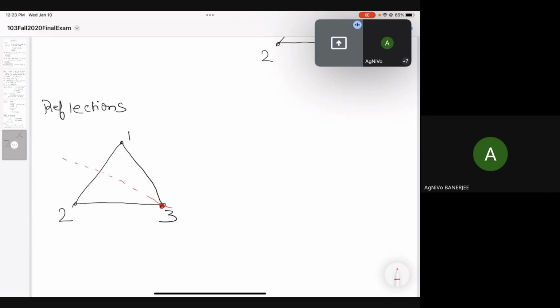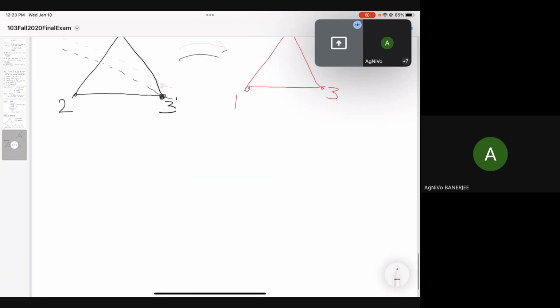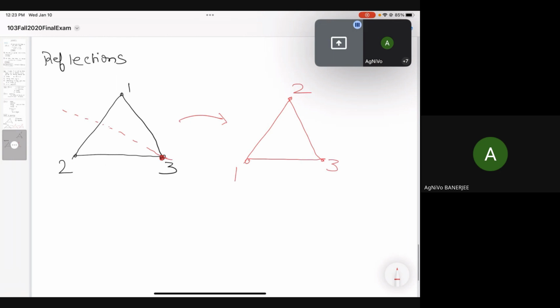And then I reflect along this line, right? So 1 becomes 2, 2 becomes 1, 3 stays intact, right? So if I apply this reflection, well, I already fixed 3, right? And now 1 becomes 2, 2 becomes 1, right? And I can do this. So there are 3 reflections that I can do, right?